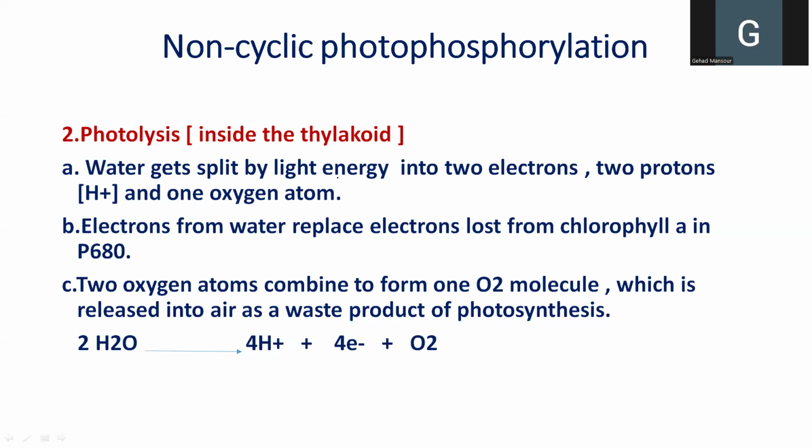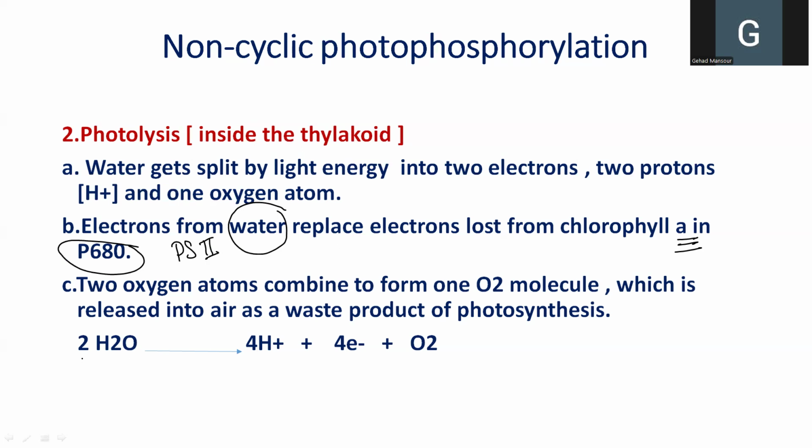And then the electrons that come from photolysis of water will replace the electrons that are lost from chlorophyll A in photosystem 2. So photosystem 2 replenishes its electrons through accepting the electrons that come from photolysis.